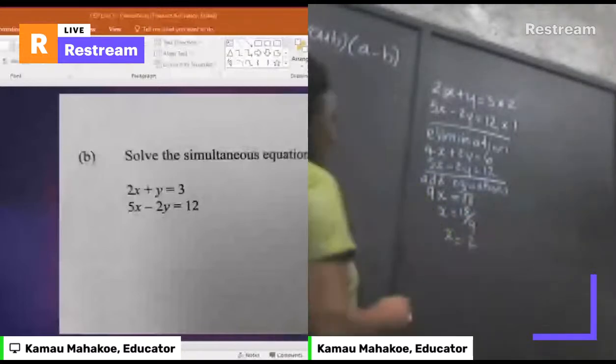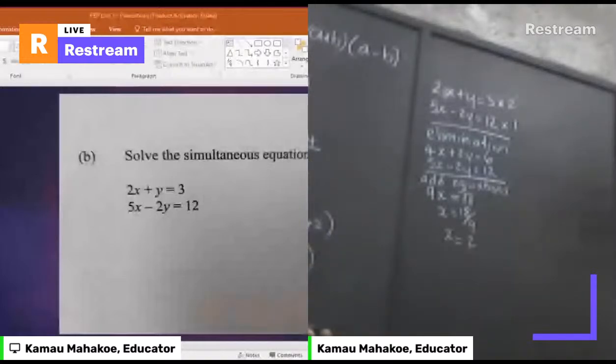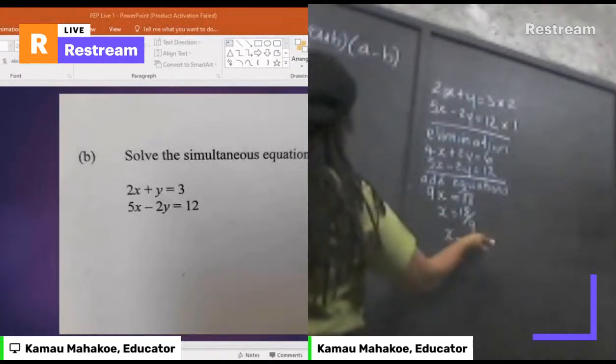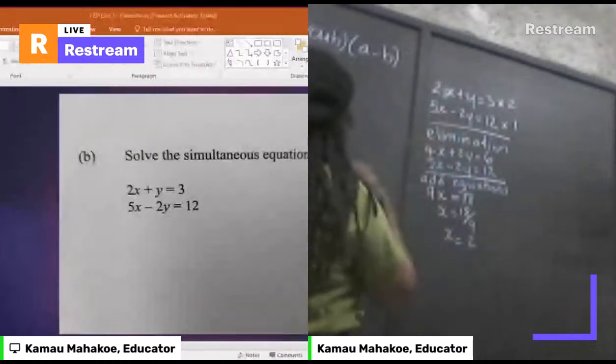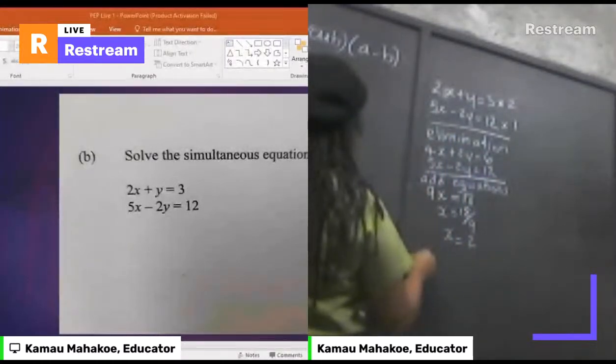Okay. And from there, we will do the same thing as here. So x is 2, so we substitute the value of 2 in one of the equations.